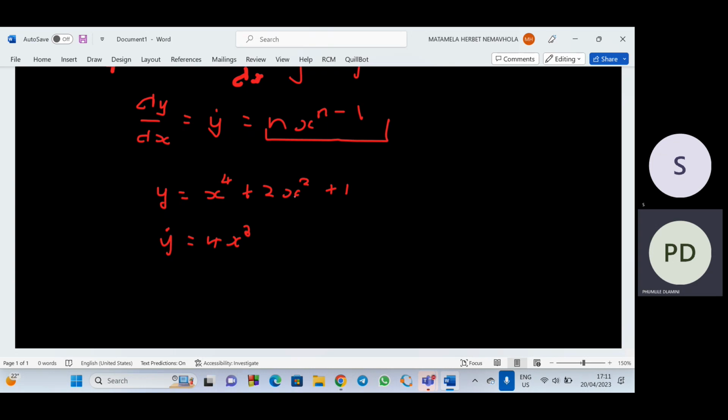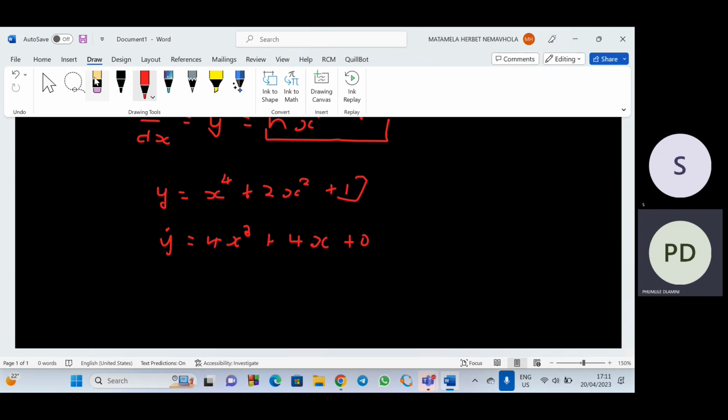Then 2x to the power 2: the 2 comes down, 2 times 2 gives us 4x. But when you differentiate a constant, it becomes 0, so we just ignore it. We won't write plus 0, we just leave it as it is.